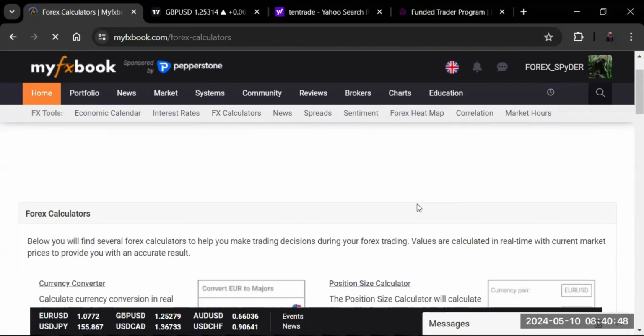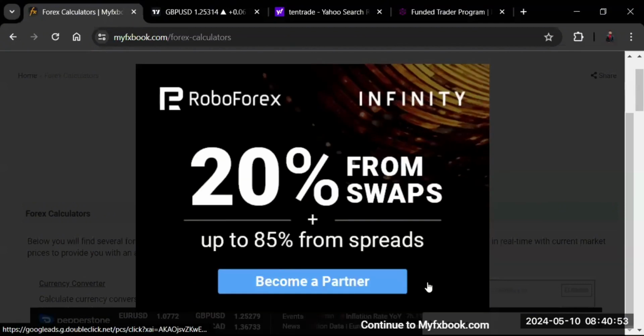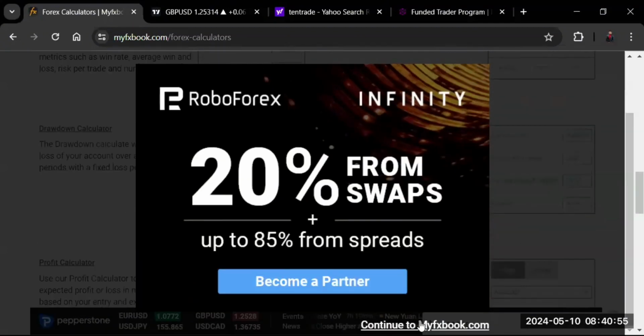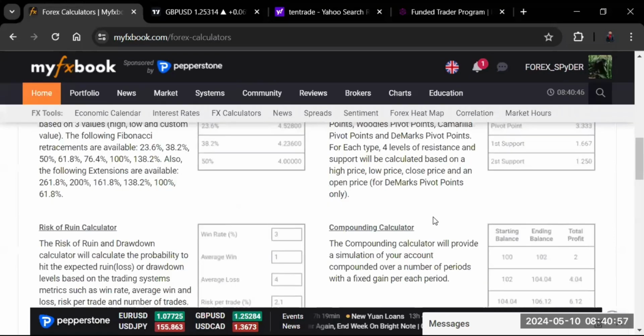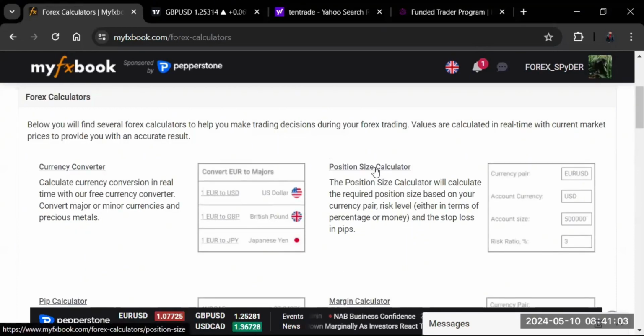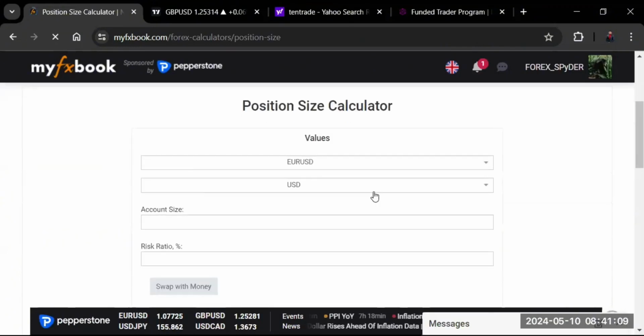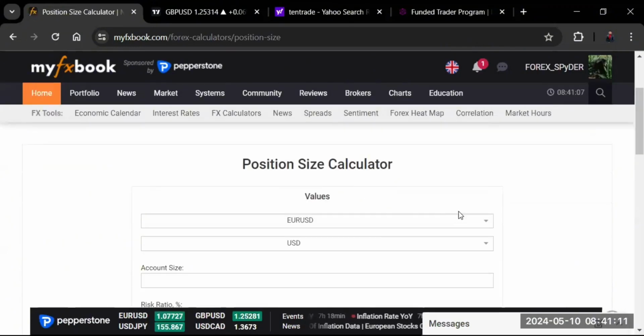You're going to see a lot of tools, but what we are concerned with right now is this particular tool right here, this position size calculator. So you just need to click on it. Once you click on this position size calculator, you are going to select your currency pair, the currency pair you want to trade.